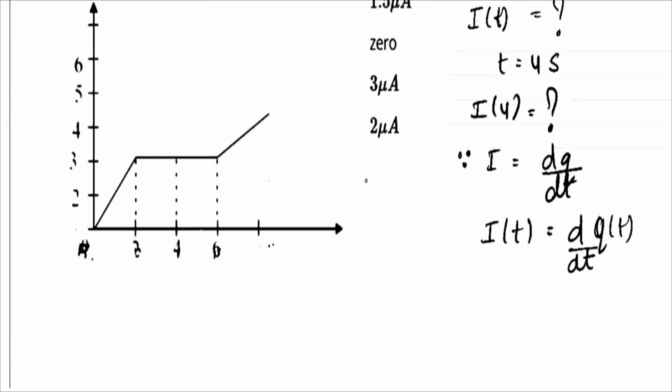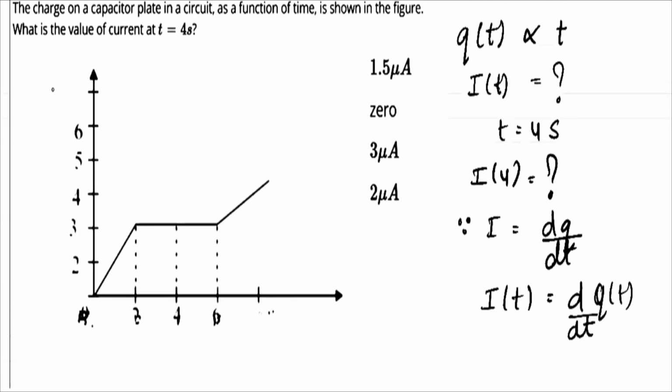From this figure, q of t is in microcoulomb and t is in seconds, and we have to find it at t equal to 4 seconds.